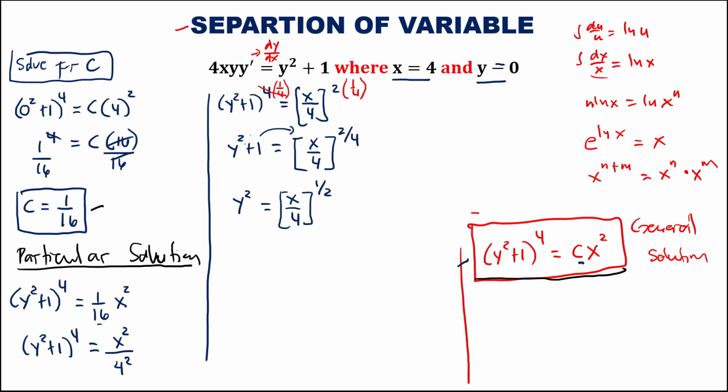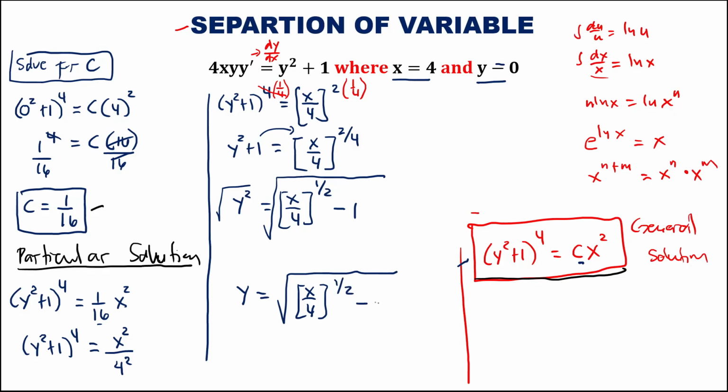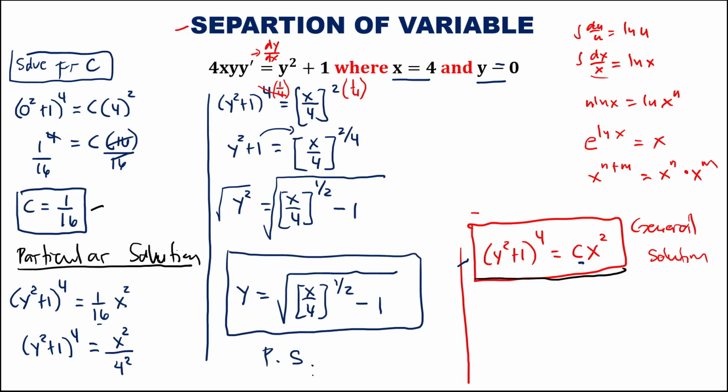And transpose this positive 1 to the other side, so this becomes negative 1. Then to solve now for y, we need to take the square root of both sides. So we have now y equals the square root of (x over 4) to the power 1 half minus 1. So this is now the particular solution.